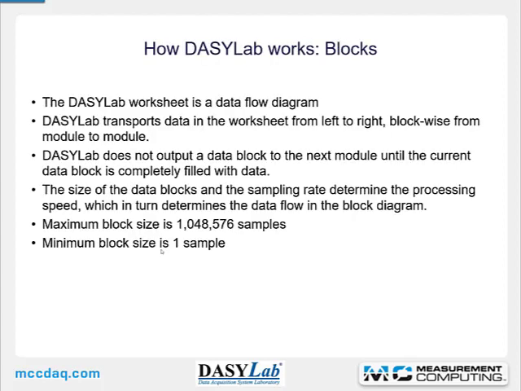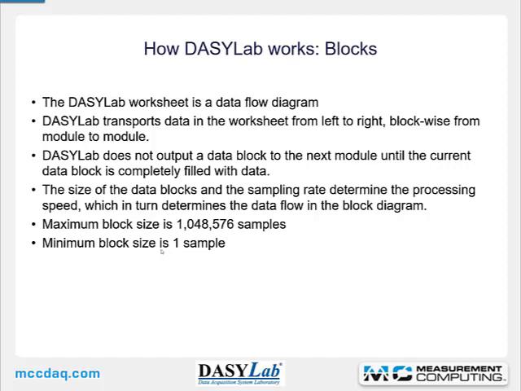So I mentioned blocks. This is why we care about blocks. The DASYLab worksheet is a data flow diagram. DASYLab transports data in the worksheet from left to right, so from source to sink, blockwise from module to module. So a module will acquire the data or generate the data in the case of a generator, and it will create a block of data and will output that to the next module when the block is filled with data.